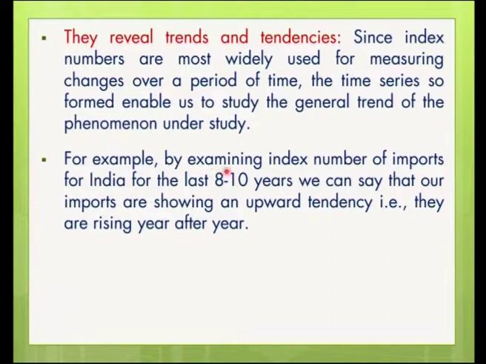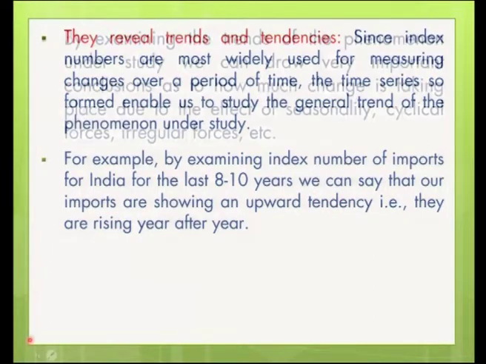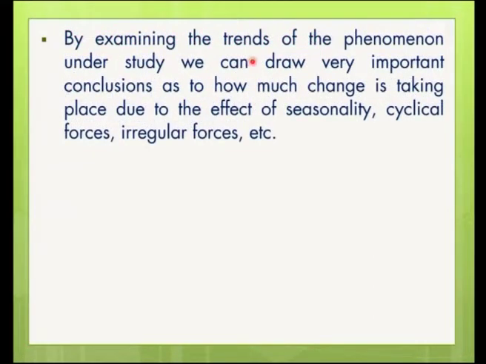For example, by examining the index number of imports of India for the last 8 to 10 years, we can say that our imports are showing an upward tendency, that is, they are rising year after year. So, by examining the trends of the phenomenon under study, we can draw a very important conclusion, that is how much change is taking place due to the effect of seasonality, cyclical forces and irregular forces, etc.